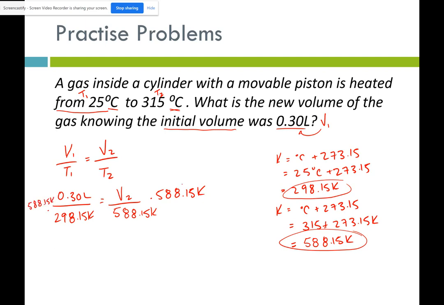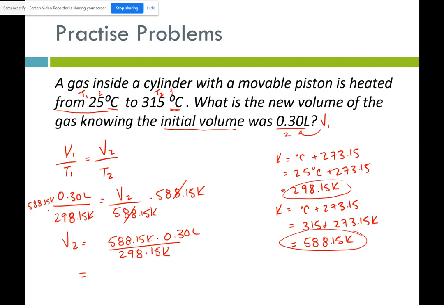Now to get V2 by itself, I need to multiply both sides by 588. I didn't really leave myself a lot of room there. So my V2 is going to equal 588.15 Kelvin times 0.30 liters divided by 298.15 Kelvin. So that's going to give me, and I'm going to report this to, if I look at my question, this has 2 significant figures, this has 3, this has 2.